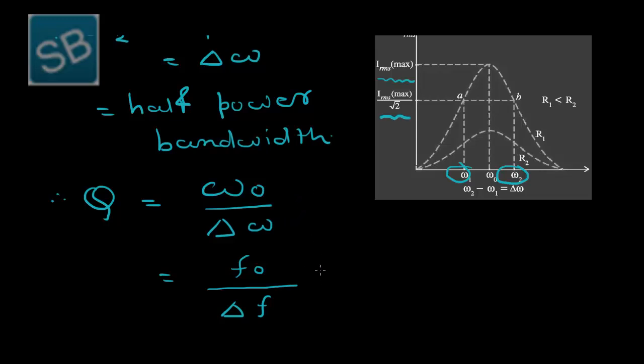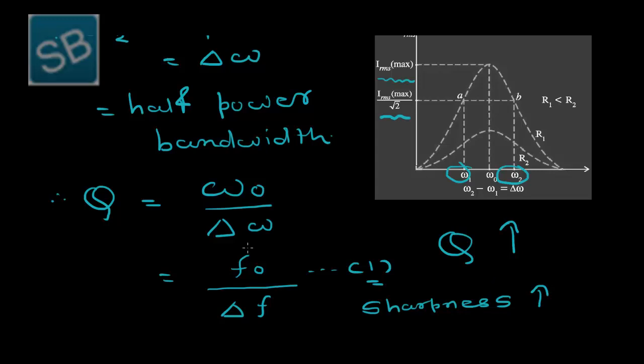Now from this equation one thing should be clear in your mind, that when the value of Q factor is larger then the sharpness of the curve will be more.